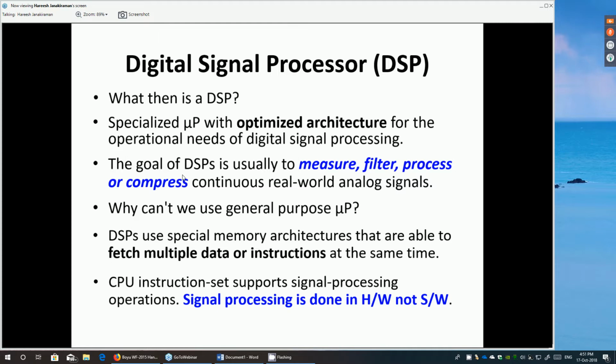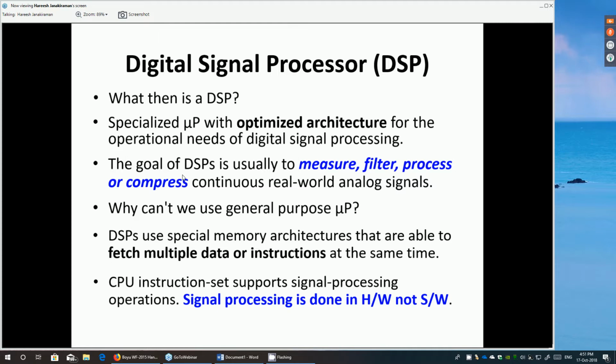So many of you who are familiar with computer architecture or processor architecture, you know that any operation can be done either in hardware or software, right? Any operation that can be done in hardware can be done in software. So what is the difference? The difference is how quickly can you do it?